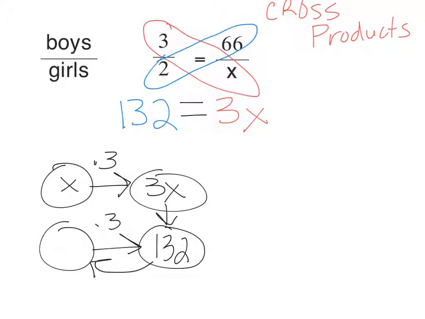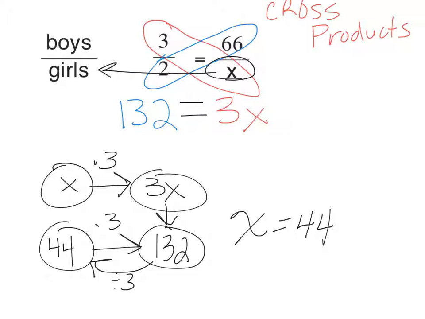So when I backtrack, I'm going to divide by 3. And 132 divided by 3 is 44. So here we know x equals 44. I just look back up here. X is right here, and that lines up with girls. So I know my answer is 44 girls.